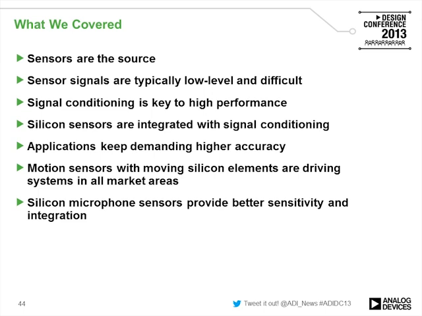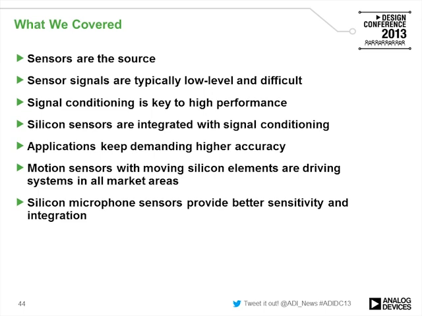We also learned that silicon sensors are able to give us much better performance because they are integrated directly with the signal conditioning, especially important because there are higher and higher demands for accuracy from all sensor types. We also looked at a few types of motion sensors and the great degree of sensitivity that they can provide for many different applications.